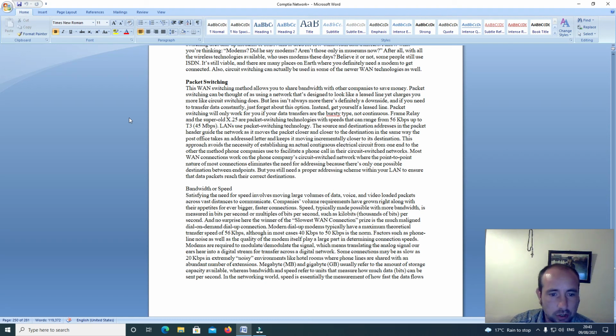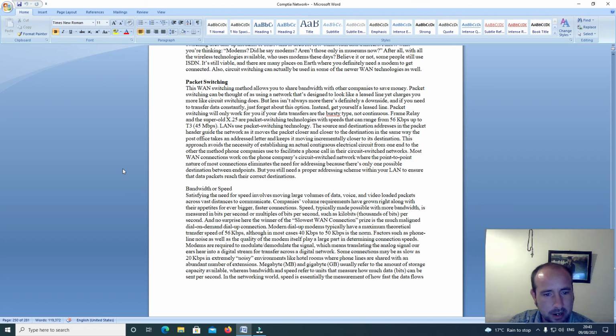This approach avoids the necessity of establishing an actual contiguous electrical circuit from one end to the other, the method phone companies use to facilitate a phone call in their circuit switched networks.